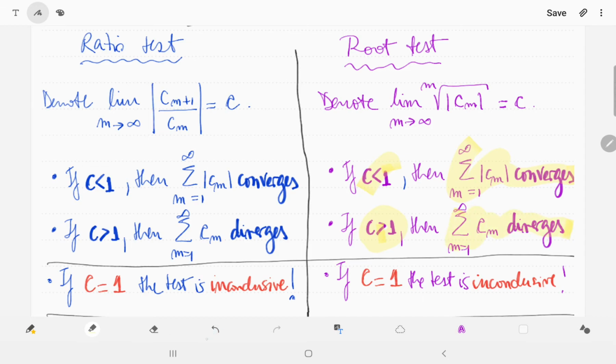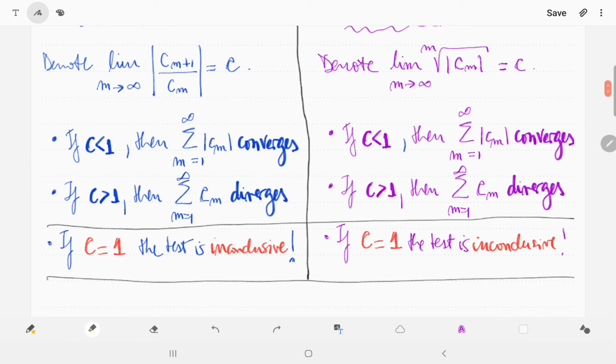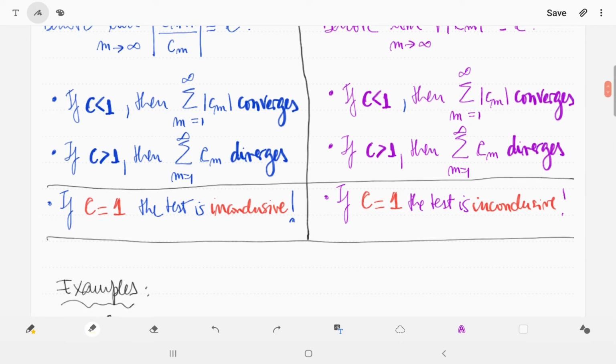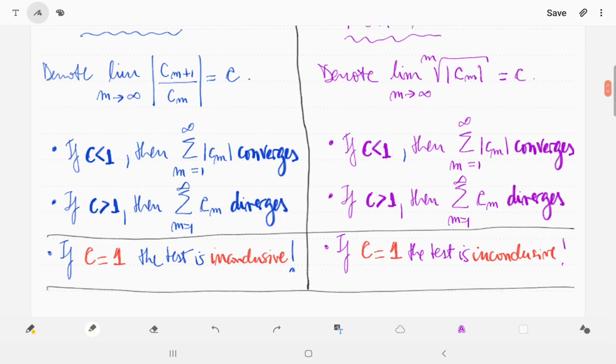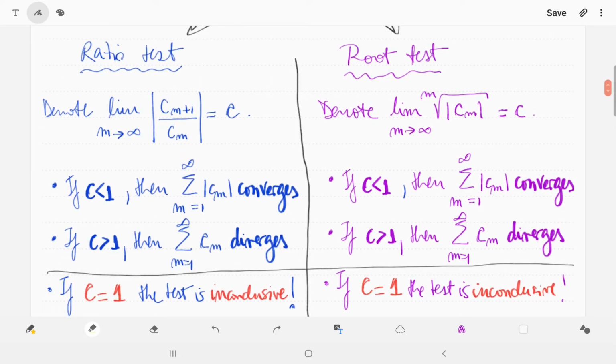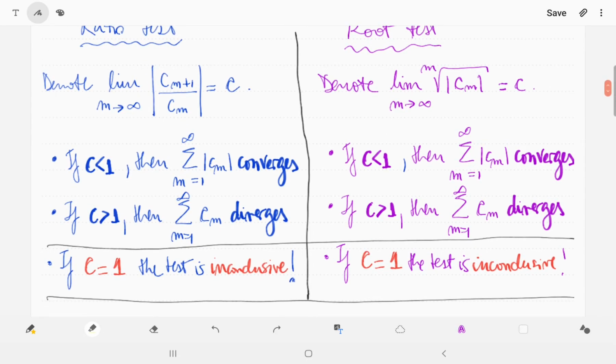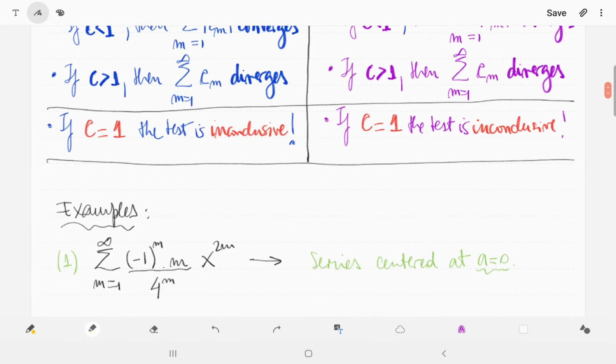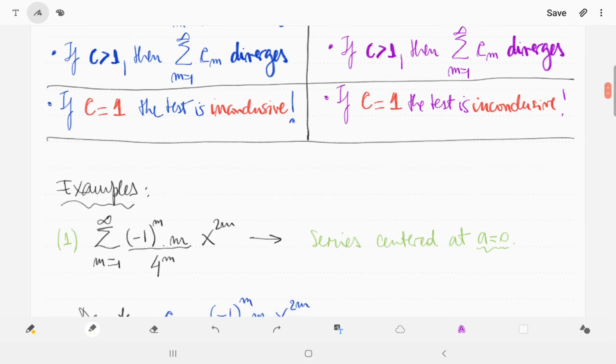And when it's equal to 1, the test doesn't help. Okay, let's see some examples. We can use these two tools and see how to use them, how to conclude, and how to find the radius of convergence and the interval of convergence. Okay, so first example.